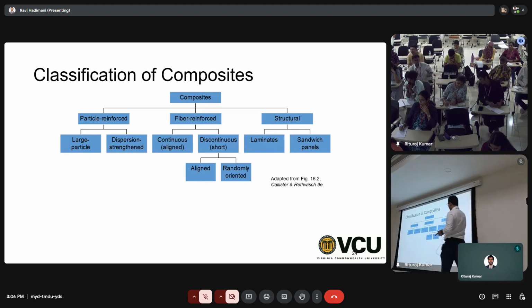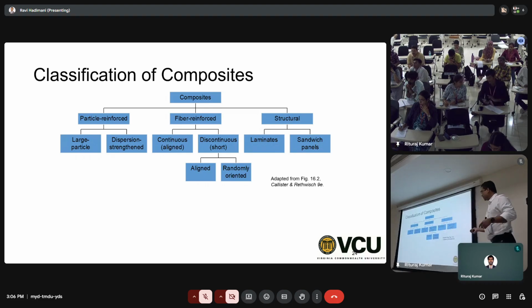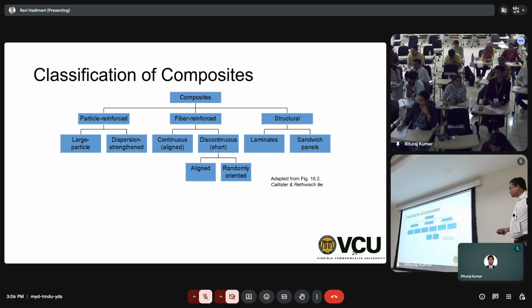So randomly oriented has better strength, but aligned is easier to predict the property. And then in structural, you have laminate.